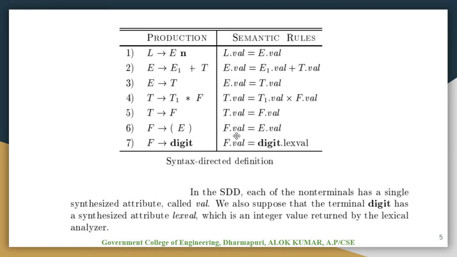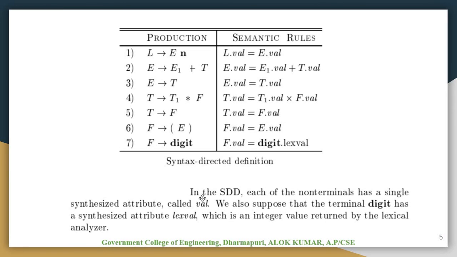T is generating F, so T.val equals F.val. F is generating opening parenthesis E closing parenthesis, so F.val equals E.val. F is generating digit, so F.val equals digit.lexval.